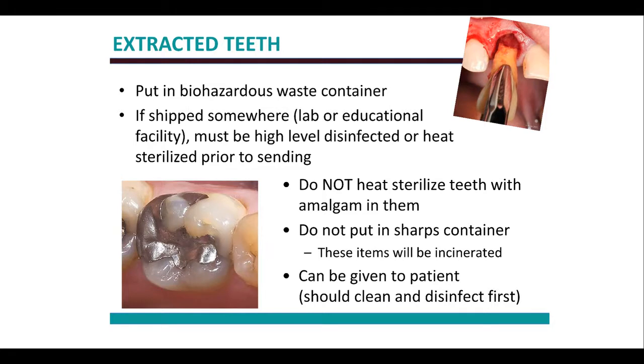It is not swallowing it, it's not touching it and getting it into our body through our skin. It is inhaling it. So when we put a tooth that has amalgam in it into a sterilizer, and then as it depressurizes and the vapors come out into the room and we're inhaling it, we're actually inhaling mercury vapors, and that is very, very toxic.